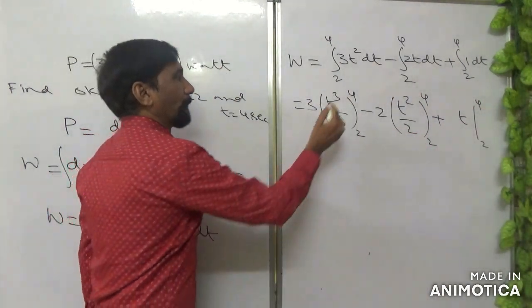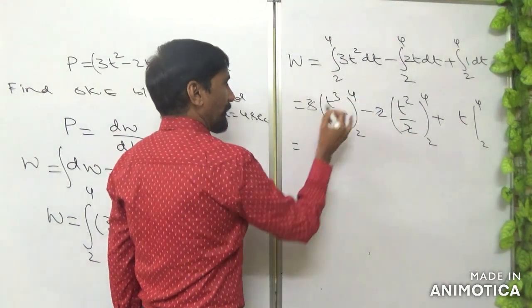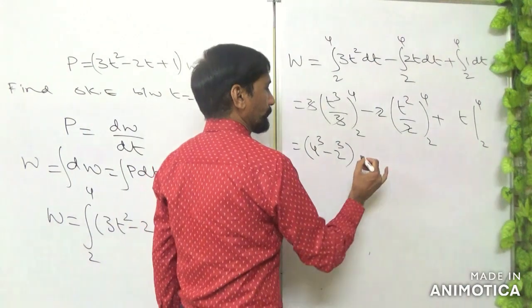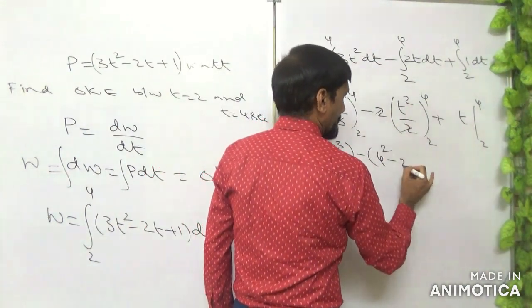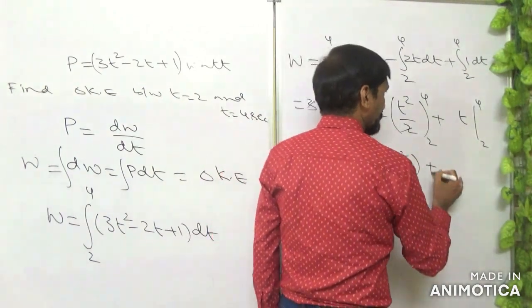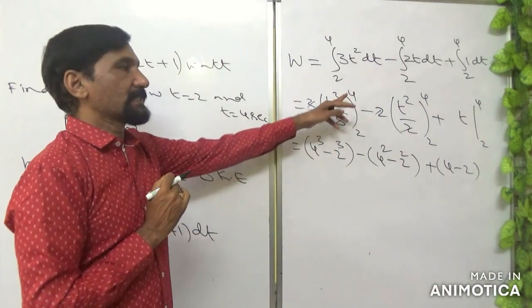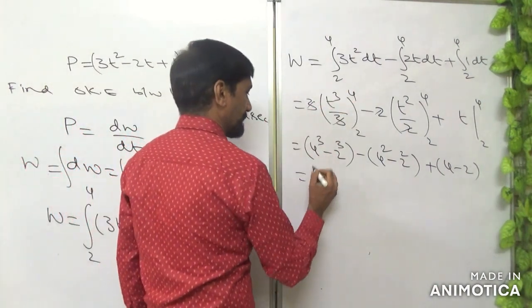Okay, so upper limit minus lower limit, upper 4 now, so 4 cube minus 2 cube, 4 square minus 2 square. Always upper limit is substituted first, minus lower limit.